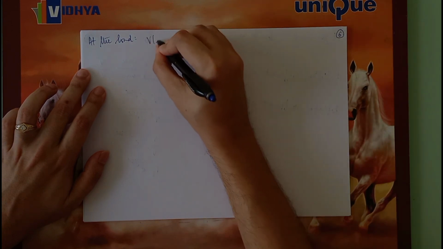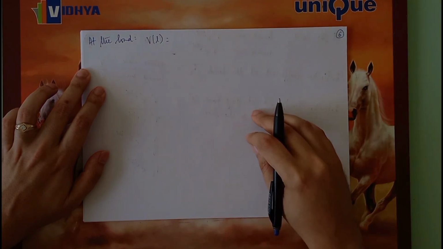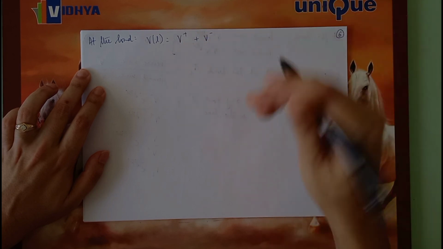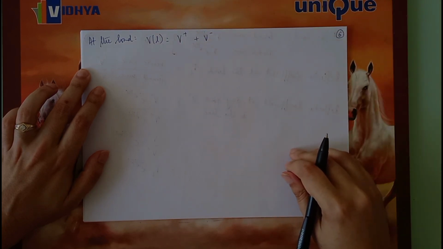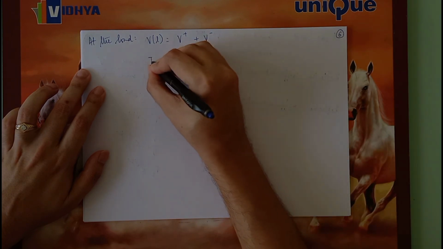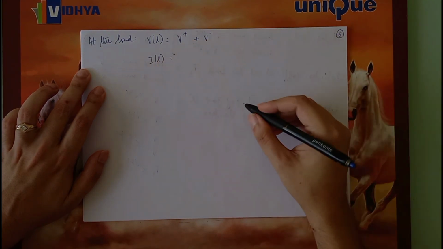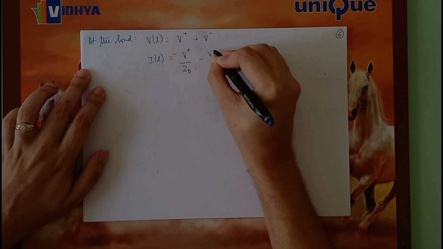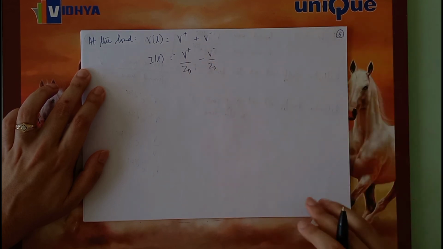so V of L will be what? V plus V minus, and I of L will be V plus by Z0 minus V minus by Z0.